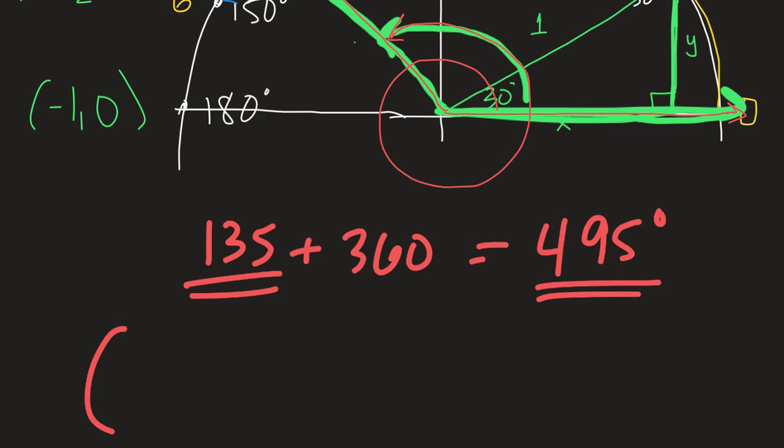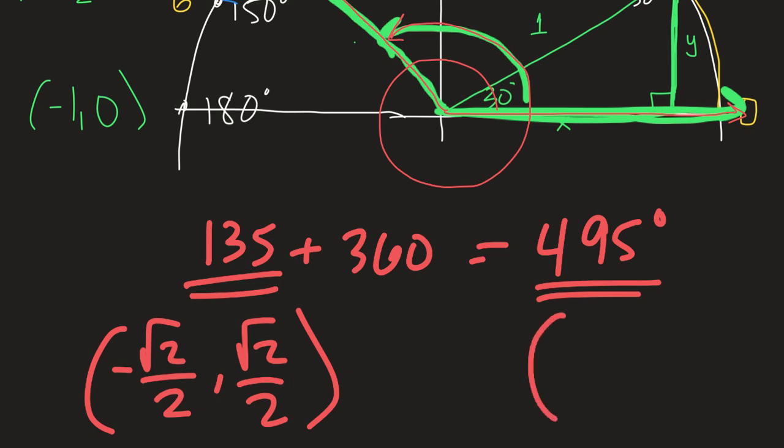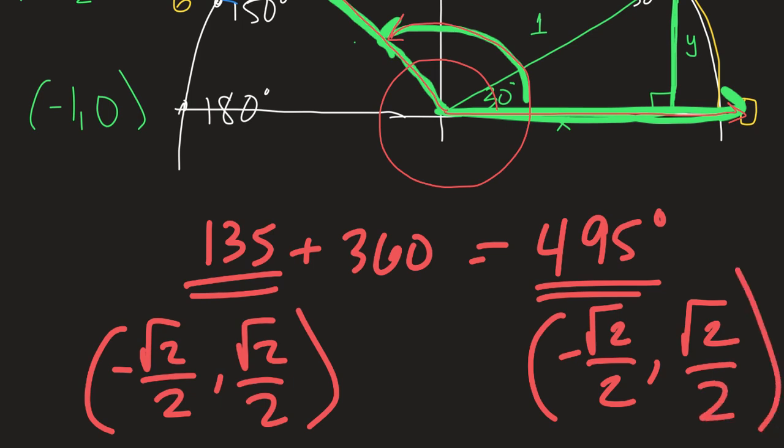So if our coordinates are negative root 2 over 2 and root 2 over 2, that means the coordinates at 495 are negative root 2 over 2 and root 2 over 2. Coterminal, they have the exact same ending points. And since there's only one unit circle, no matter how many times you go around, if you end up at the same place, you have a coterminal angle.